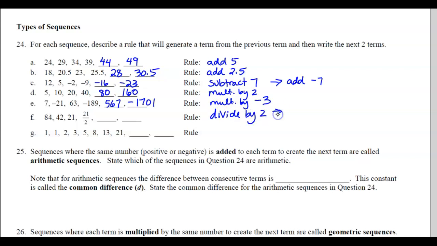Now, dividing by 2 is the same as, just to be aware, multiplying by 1/2. And so, if we divide this by 2, or multiply by half, we get 21 over 4, and then 21 over 8. Sometimes it's easier to figure out if we consider it to be multiplying. But we don't like that much.